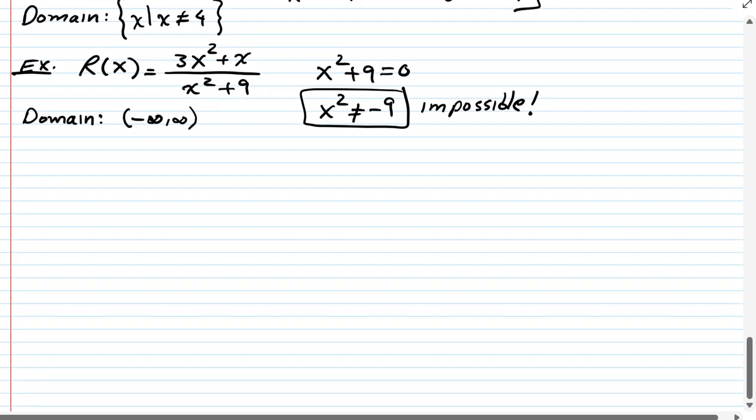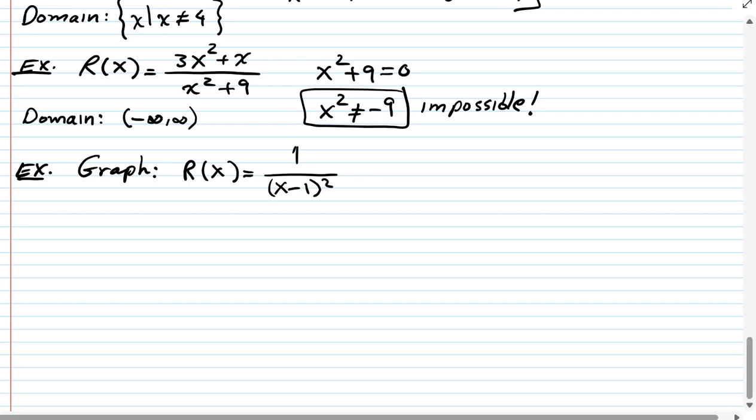Now, let's do an example where we have to graph using transformations. Suppose I want to graph the rational function 1 over x minus 1 quantity squared. First of all, domain.